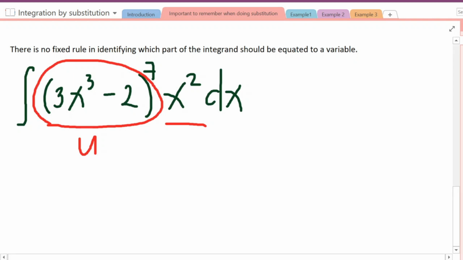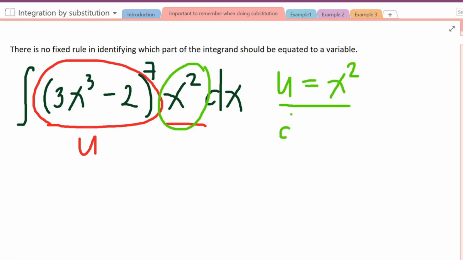If we let this part as our value of u instead, let's do that. Let's see what happens if we have the value of u equal to x squared instead. From this value of u, if we work with our derivative, then we have du with respect to x equal to 2x.